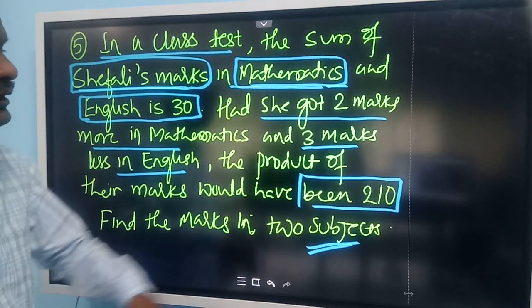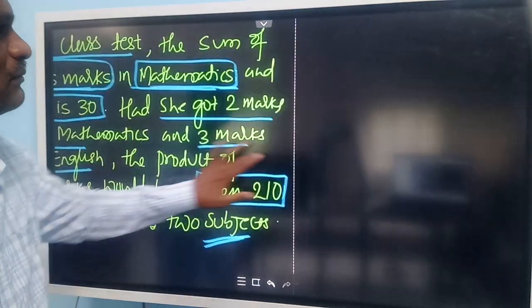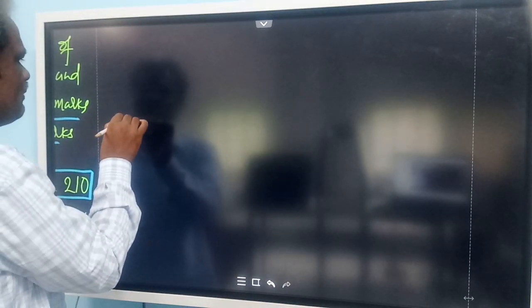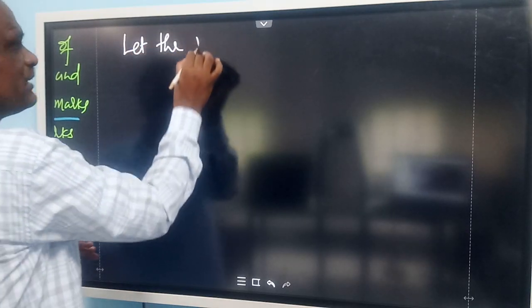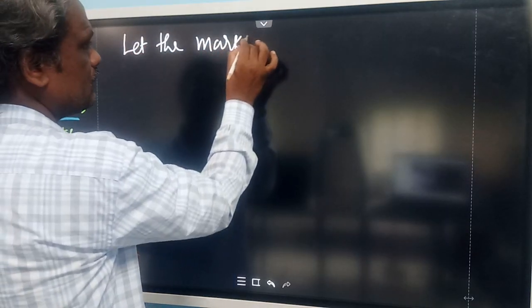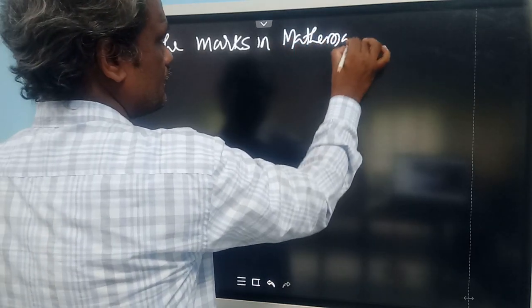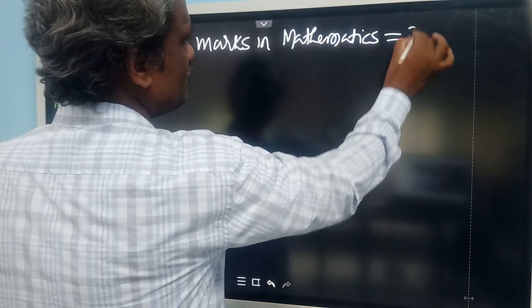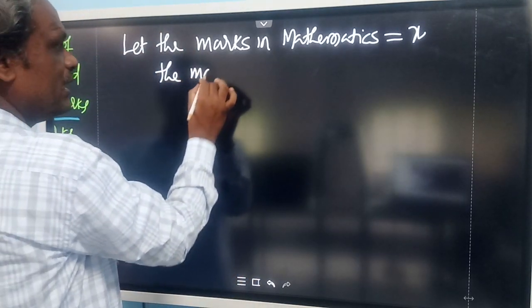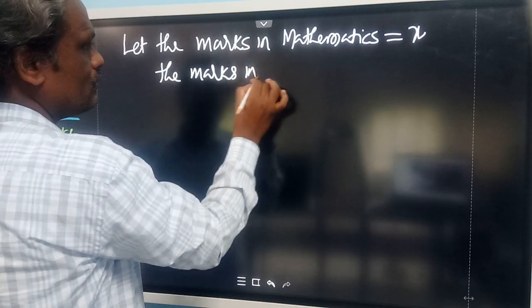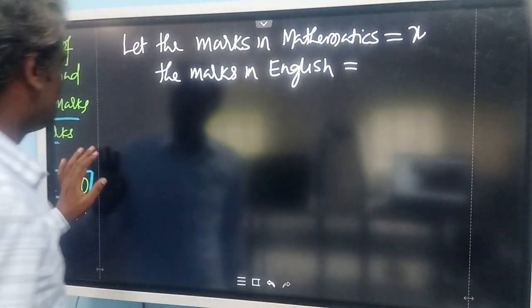So now let us take the marks taken by her in mathematics as x. Write the marks in mathematics is equal to x. Then the marks in English will become 30 minus x.